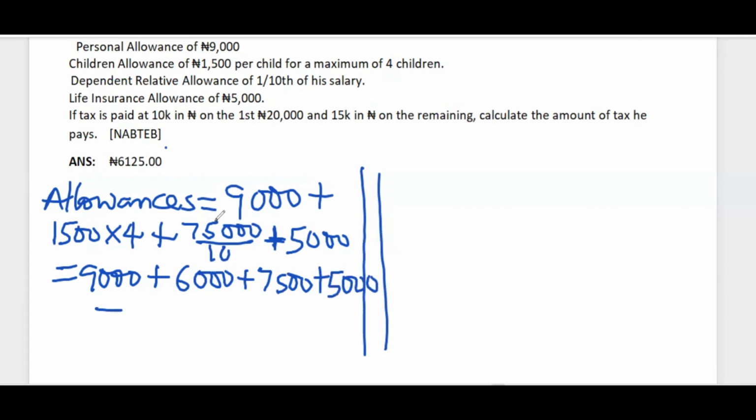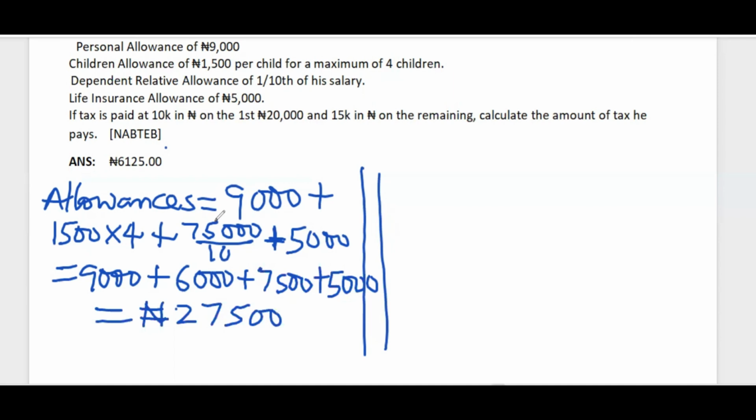So the total allowance gives 9,000 plus 6,000 plus 7,500 plus 5,000. That gives us 27,500. So this is the total allowance.